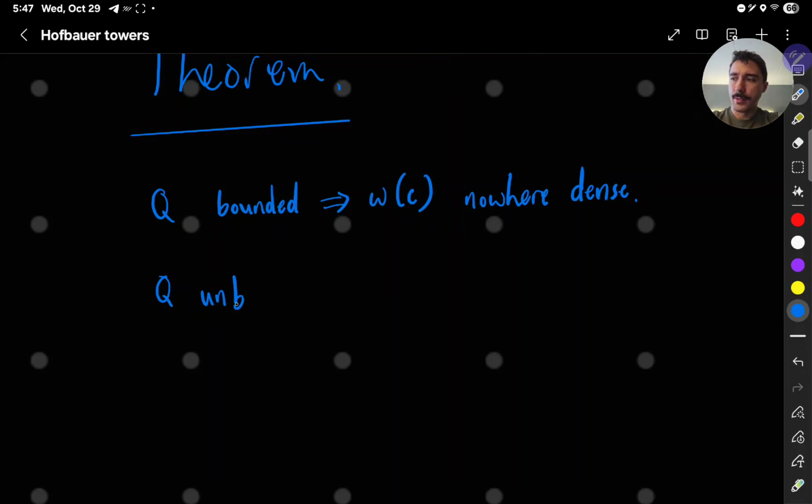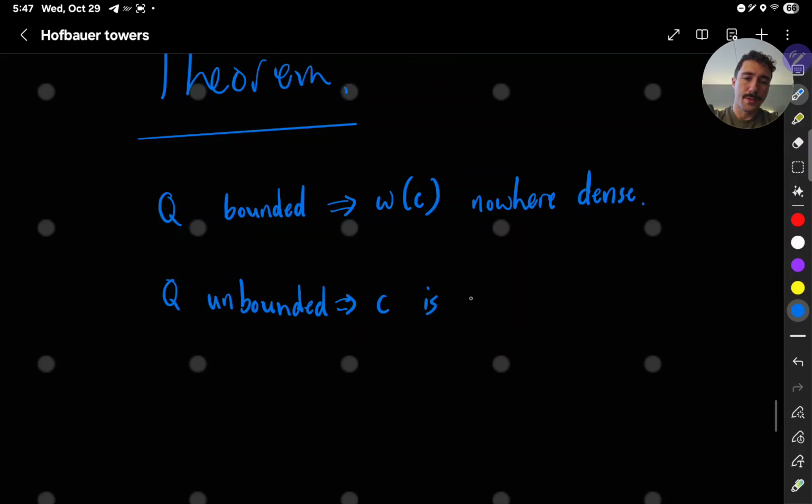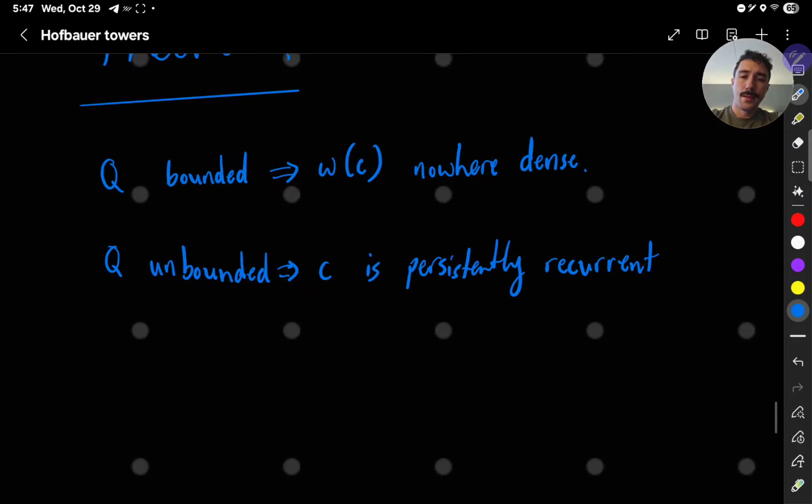On the other hand, if Q is unbounded, then C is persistently recurrent. So it comes back. You can put an arbitrary neighborhood around C, and the itinerary of C will come back to that neighborhood infinitely many times. And also, the omega limit set, which is the set of points, it's almost like a lim soup.